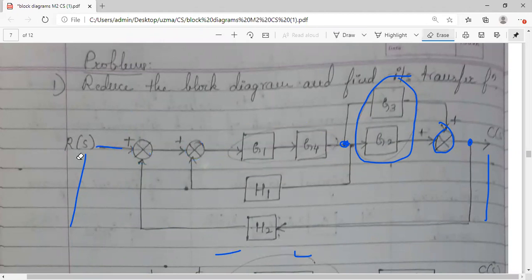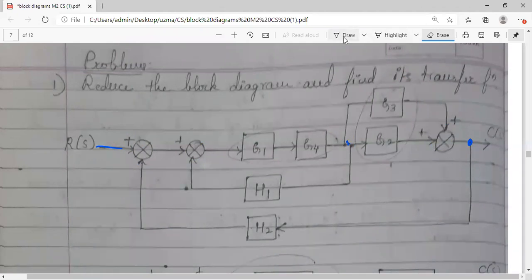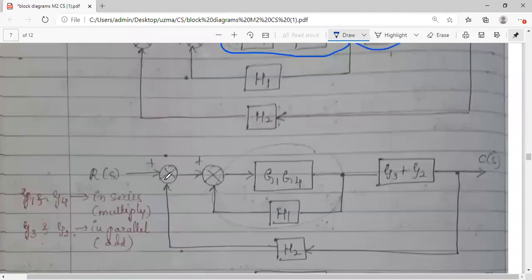Original figure. Understand what all things are there inside, how I can start. Okay, the very simplest thing is, as you can see, I have encircled these 2 things you can do at once. I have written here G1 and G4 are in series, so multiply. G3 and G2 are connected in parallel, so add them.